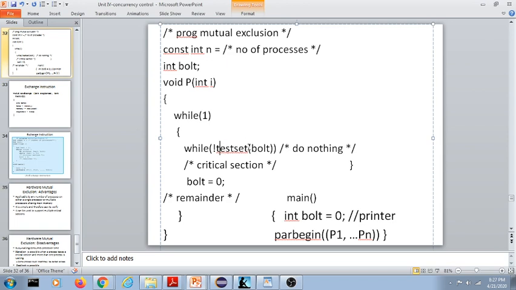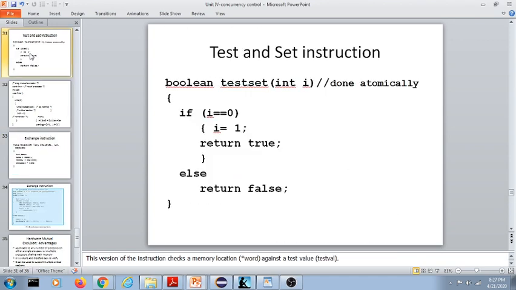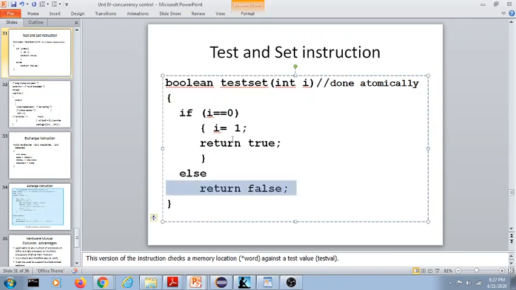What that test set is doing is simply checking the status of the bolt variable. If the bolt variable is already 1, that means your printer resource is in use by some process, so your bolt variable will have a non-zero value. As in the earlier slide, if it has a non-zero value, then the test set will return false. Here the test set is given the parameter value as bolt, so i is nothing but bolt here.